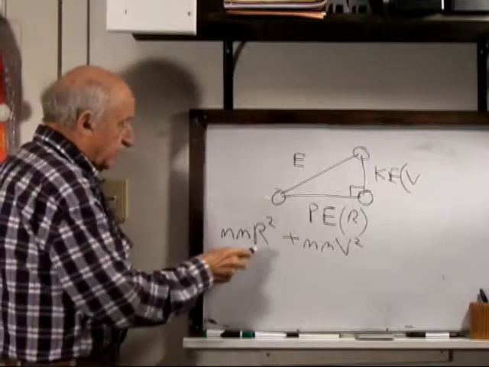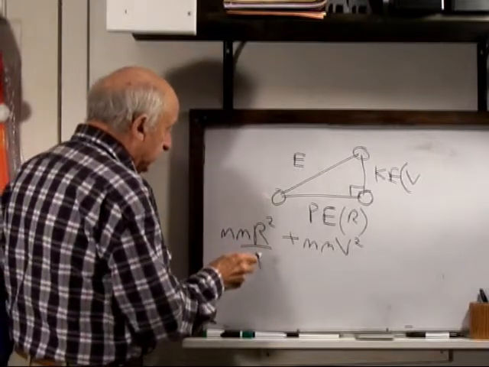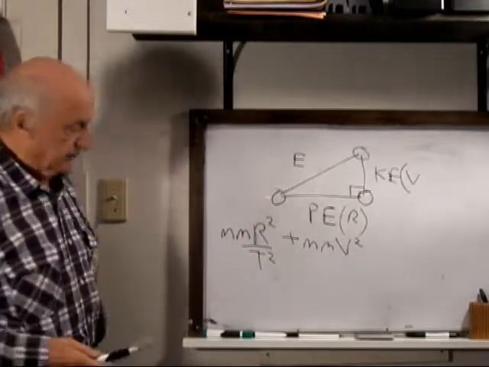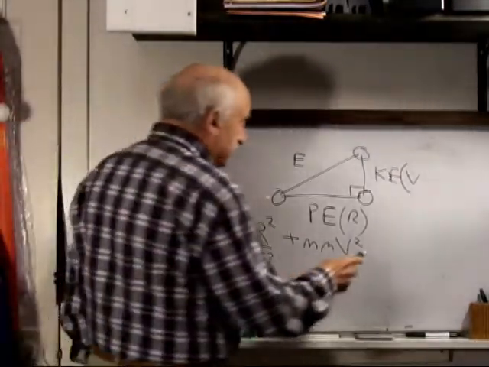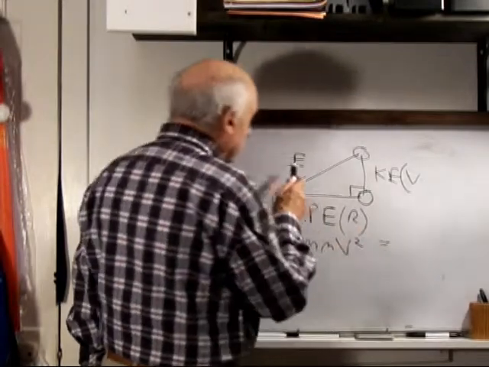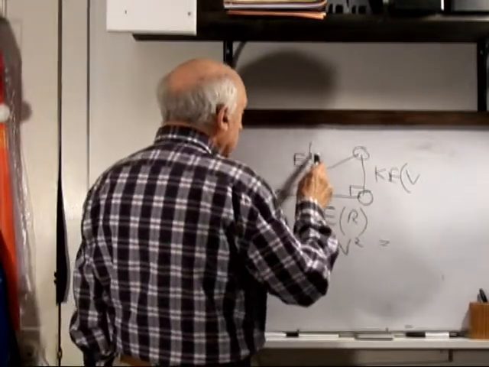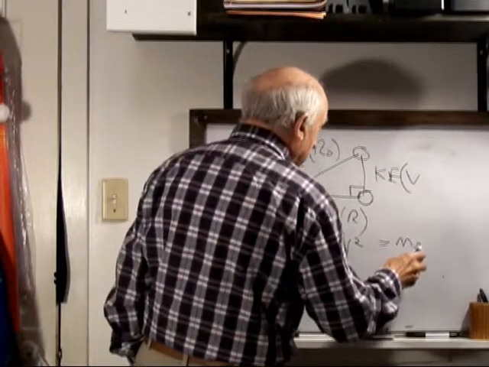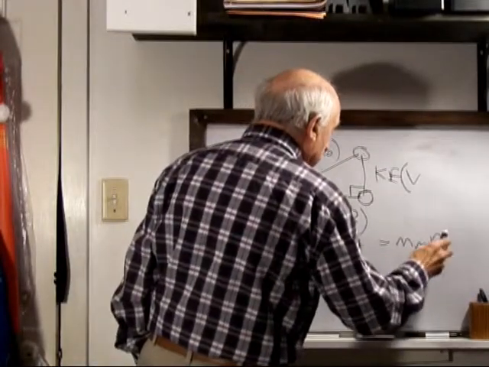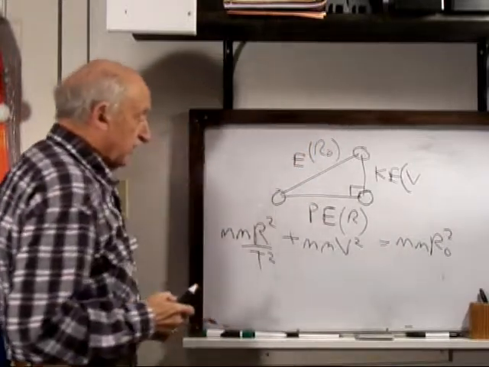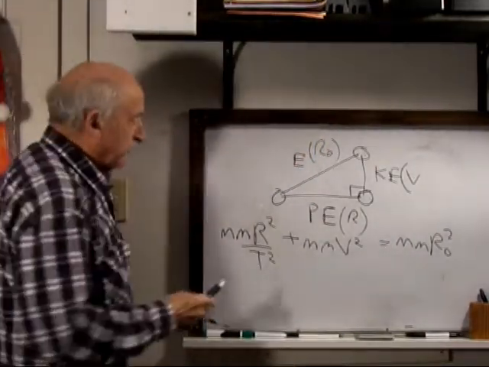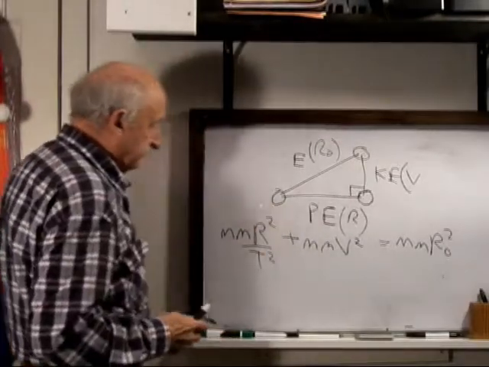So I can convert this into a speed by dividing by a time, which we call a period of the system. And that represents the total energy, which, if this is called a distance of r naught, is m r naught squared. So there's the equation that shows where you can add the two velocities in this particular model.